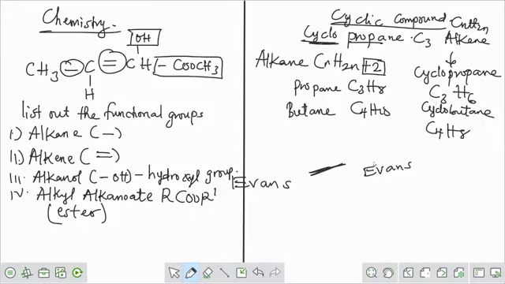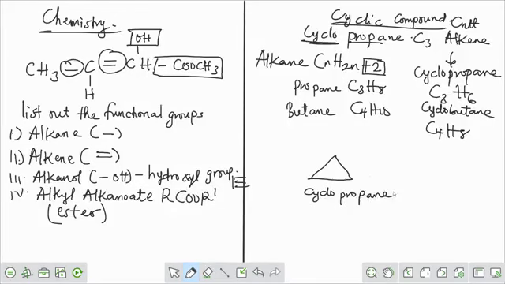Now if they ask you to draw the structure for cyclopropane, if I draw it like this, I'm correct. So this is cyclopropane. Please take note. Just a triangle.